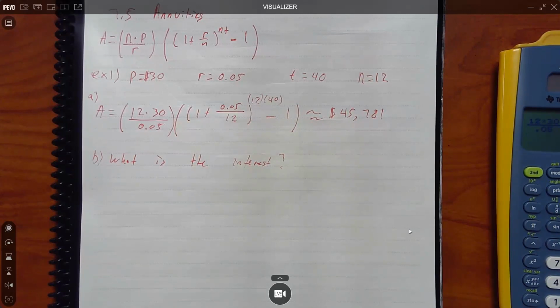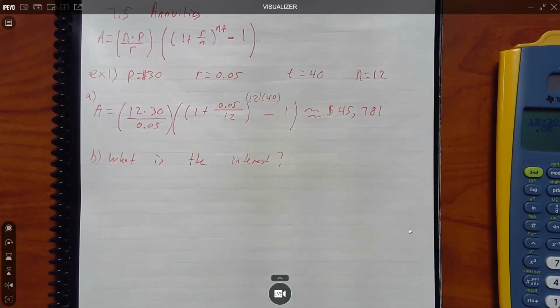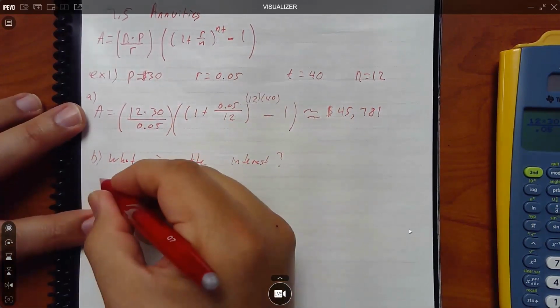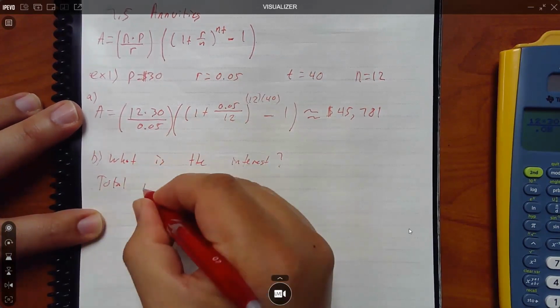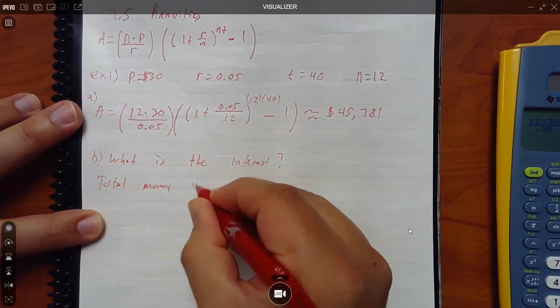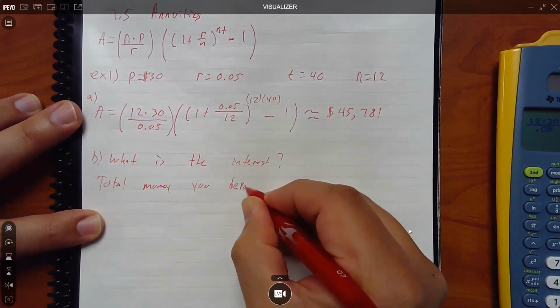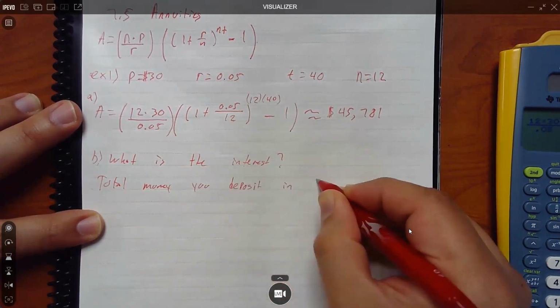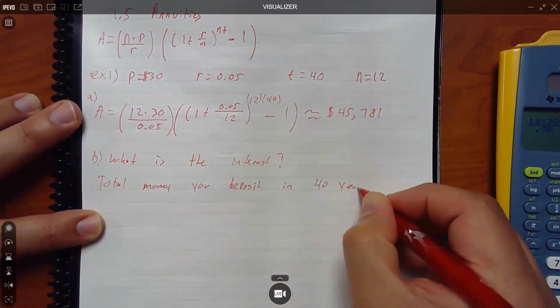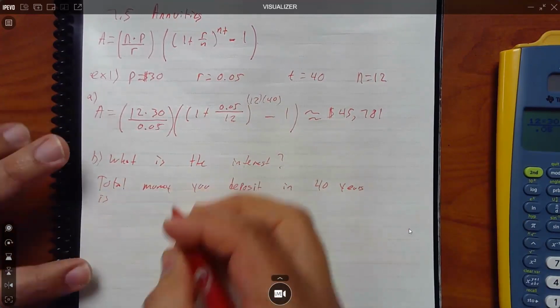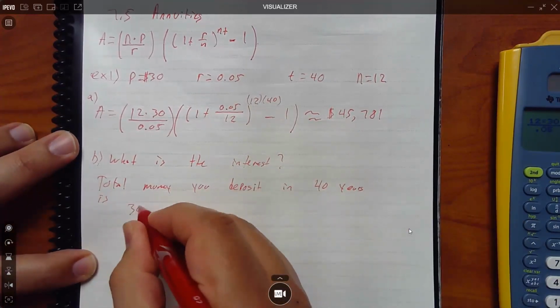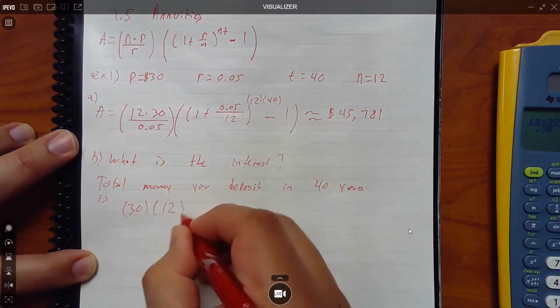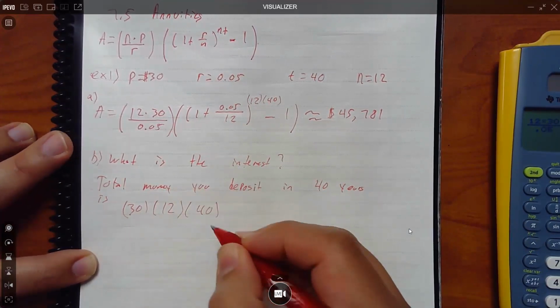In other words, how much money did you put in? For how many years? For 40. So how many payments is that? That's 12. Total money you deposit in 40 years is going to be, you said $30, 12 months in a year, 40 times, right?